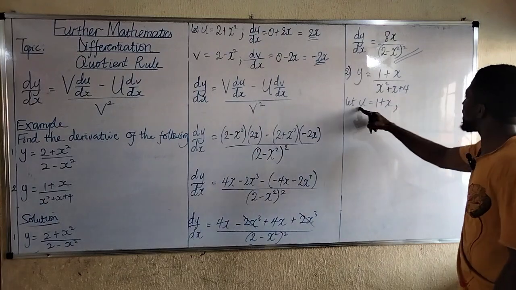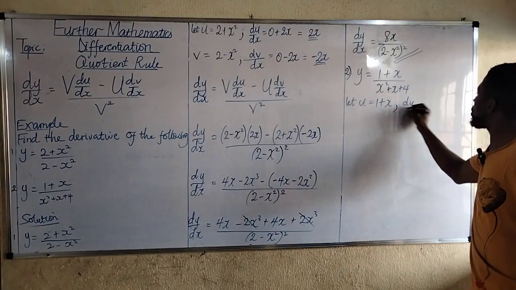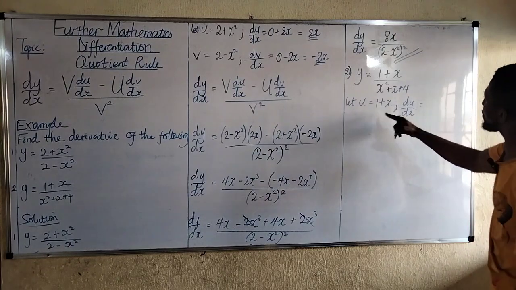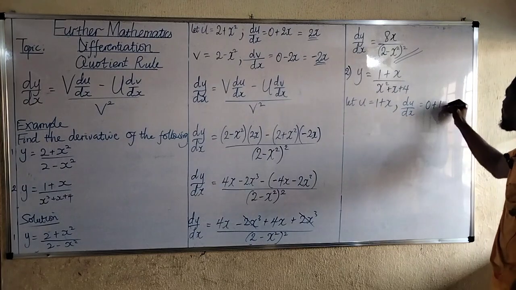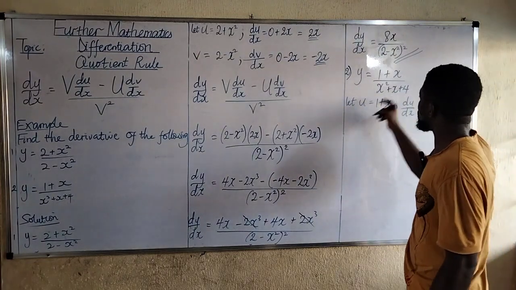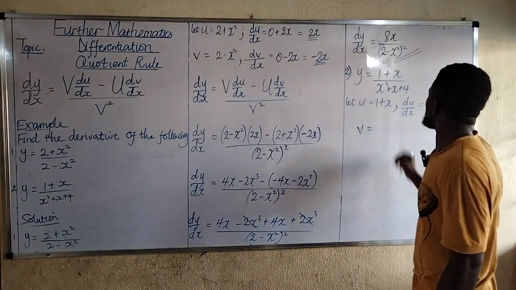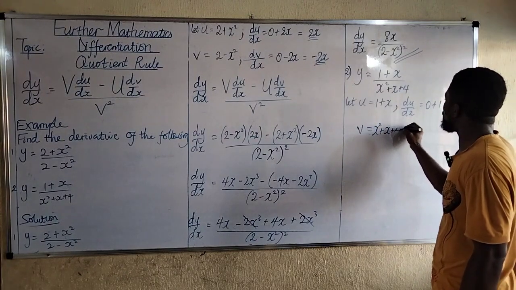So if we differentiate u with respect to x, it will be du over dx, which will give us, differentiate this, it becomes 0 plus, differentiate this, it becomes 1. So when we differentiate, we have 1. We come to the second one, the denominator will now be our v. So our v will be x squared plus x plus 4.